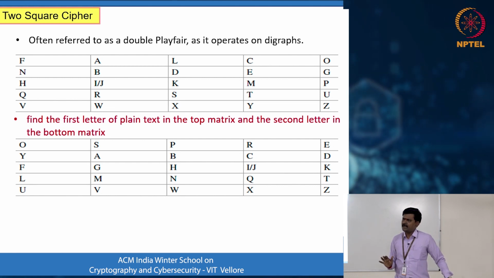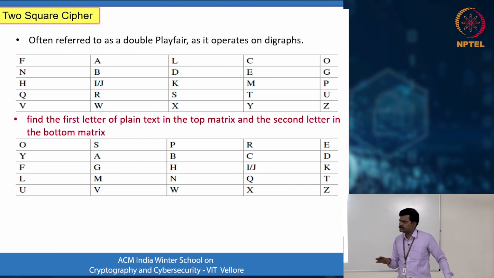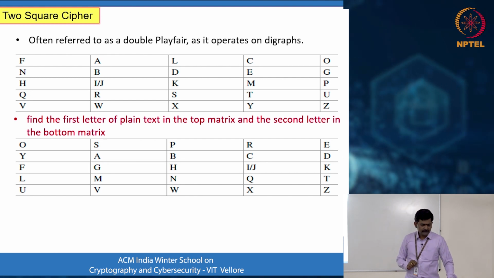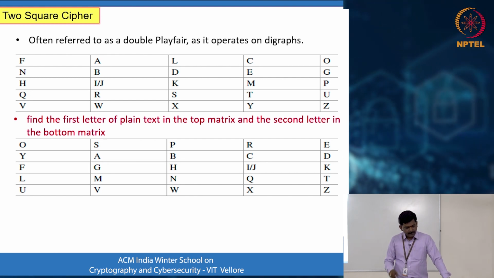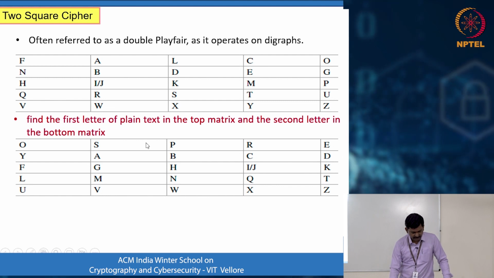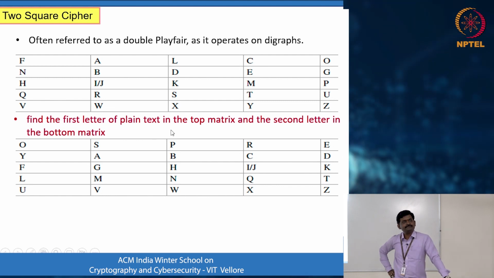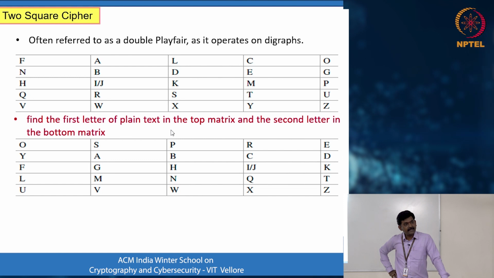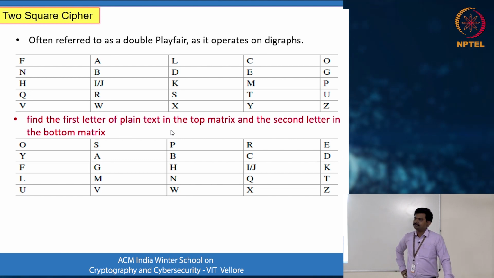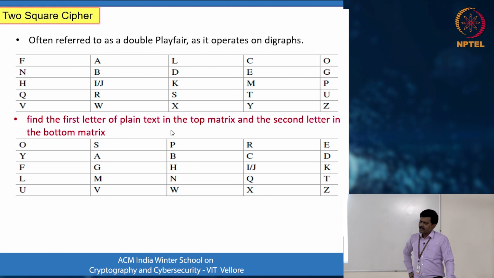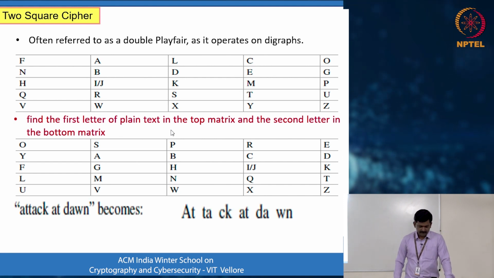Can I keep it vertically, not horizontally? You can keep it horizontally also. Now, you need to find the first letter of the plain text in the top matrix and the second letter in the bottom matrix. That is the rule.